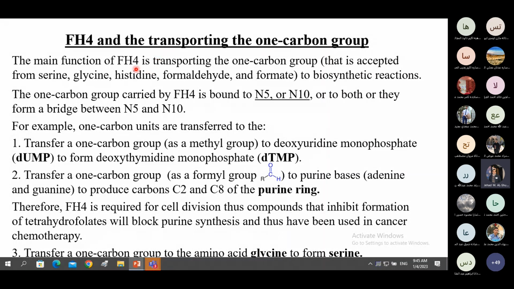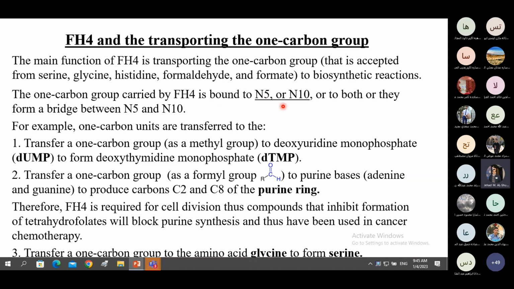The FH4, the active form of vitamin B9, gets the 1 carbon atom from serine or glycine or histidine or formaldehyde or formate. Then this 1 carbon atom is attached to where?